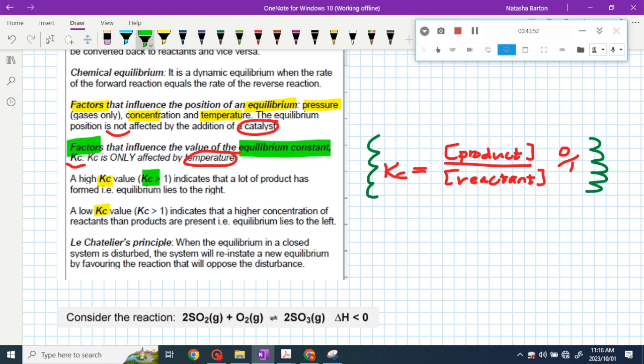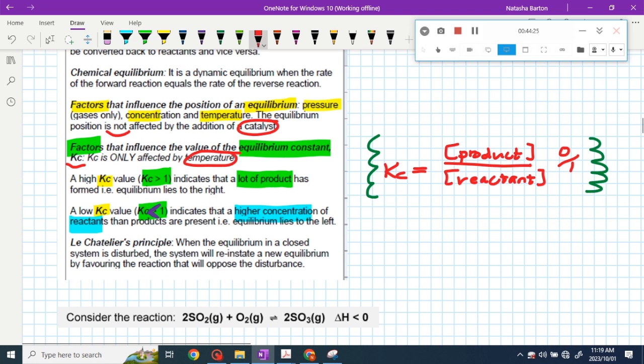Guys, if you get a value bigger than 1 for Kc, it literally means that we have a lot of product once we reach chemical equilibrium. That is what it means. If we have a Kc value smaller than 1, then it means once we have reached chemical equilibrium, we have a lot of reactants present, a high concentration of reactants.